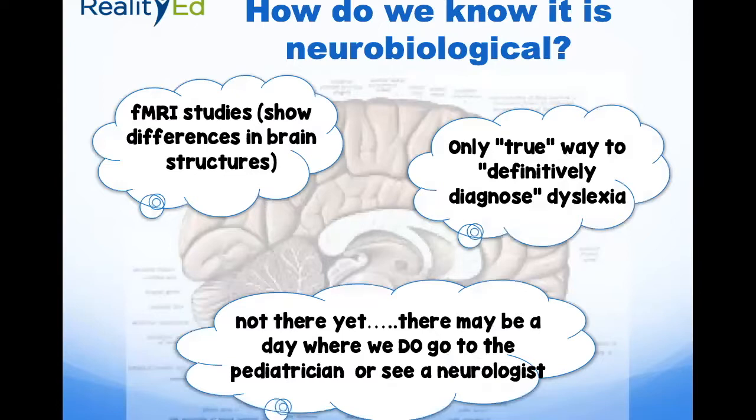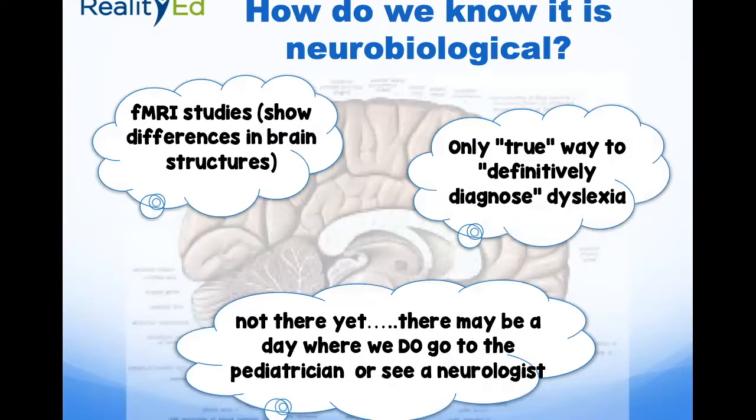So really, the only true way to definitively diagnose dyslexia would be with a functional MRI, but we do have educational assessments that can evaluate both quantitatively and qualitatively the characteristics of dyslexia, and will give us an idea as to who's experiencing this and who is not.